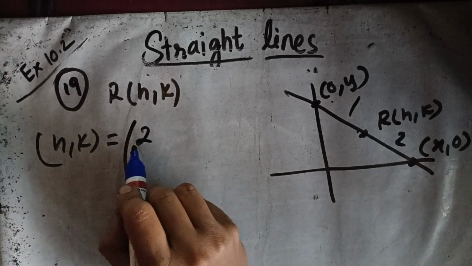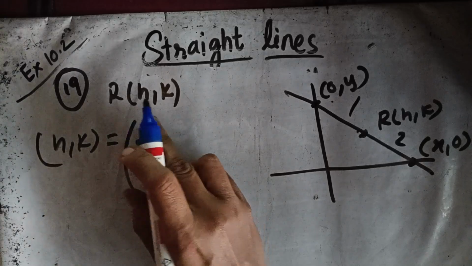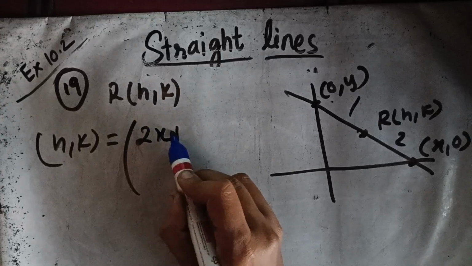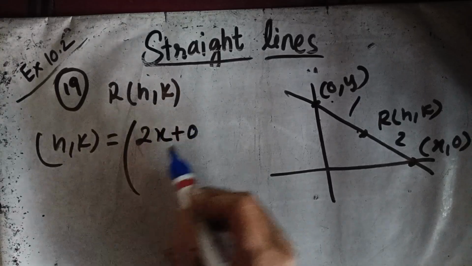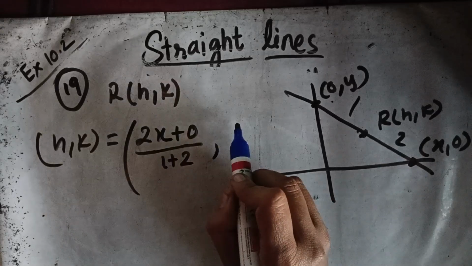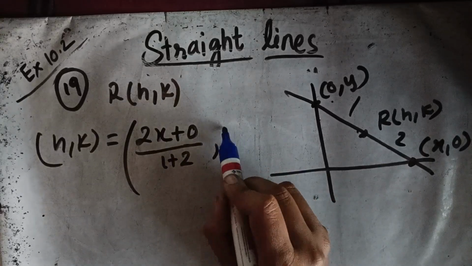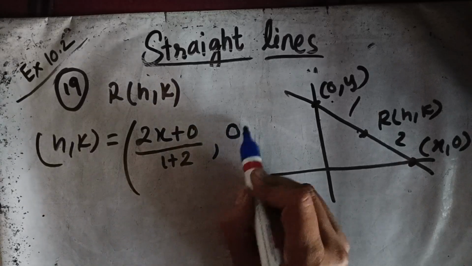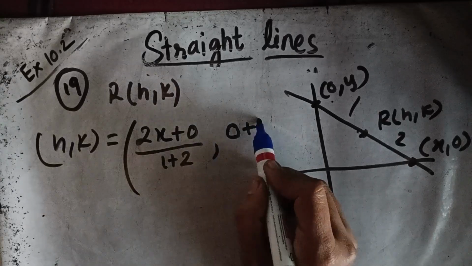m2 into x1 plus 0 upon 1 plus 2. Then m2 into y1, 0 plus 1 into y.